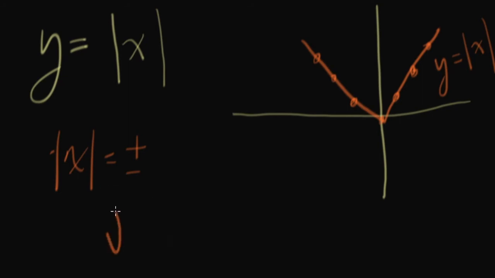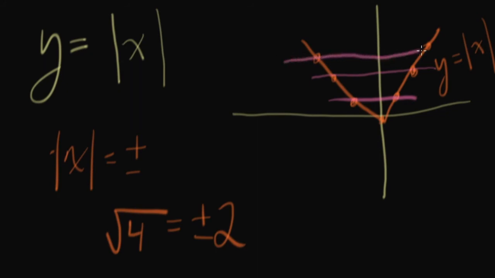It's kind of like when you took the square root of things. The square root of 4 is plus or minus 2. So you're getting a positive and a negative. So when you're solving absolute value stuff, you're going to get a positive version and a negative version. So that's kind of why you get that. So you get a positive and a negative, and that makes a V.